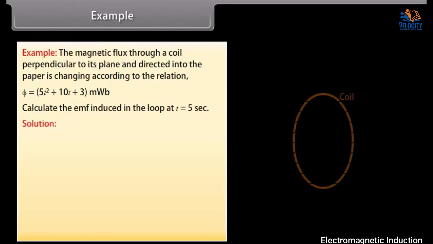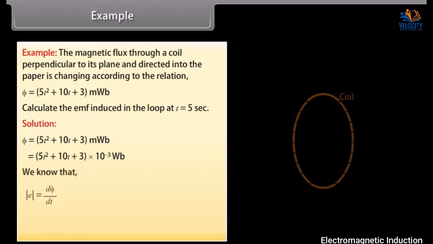Let's see the solution. Given phi is equal to 5t square plus 10t plus 3 milliWeber, it can be written as phi is equal to (5t square plus 10t plus 3) multiplied by 10 raised to the power minus 3 Weber. We know that E is equal to d phi by dt.